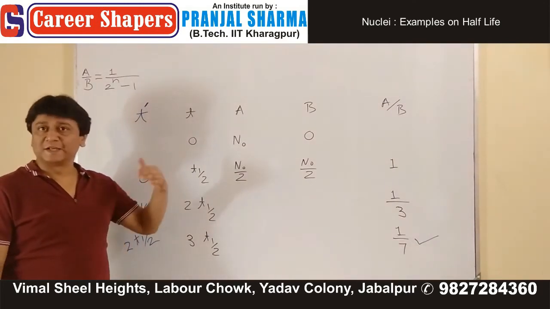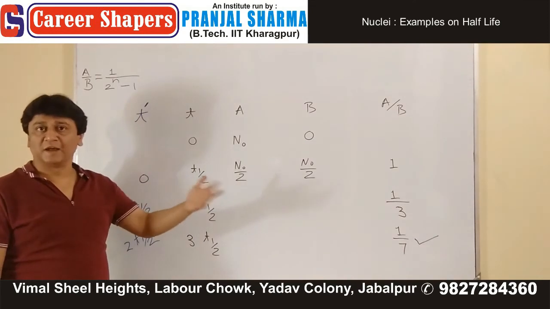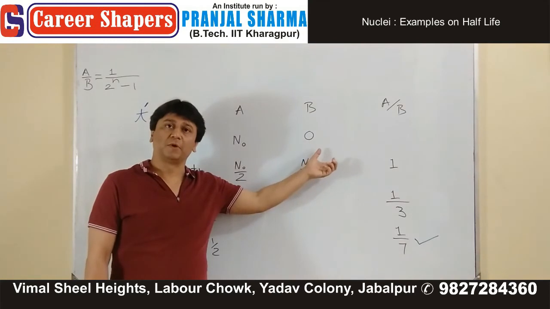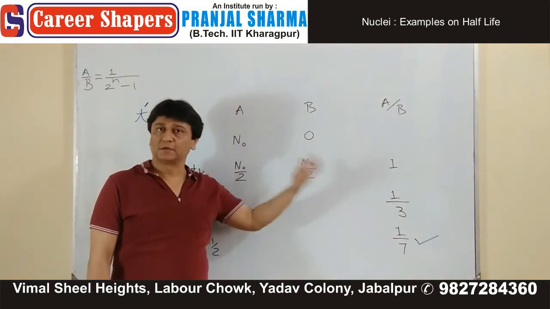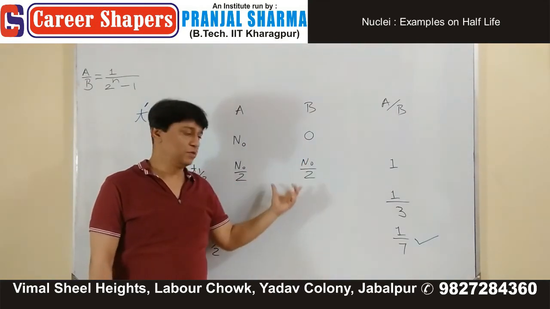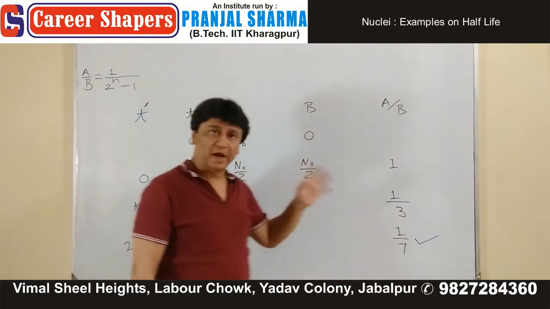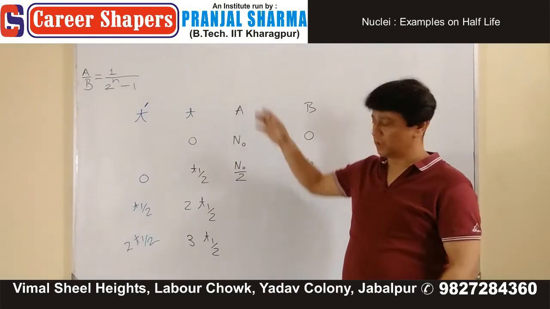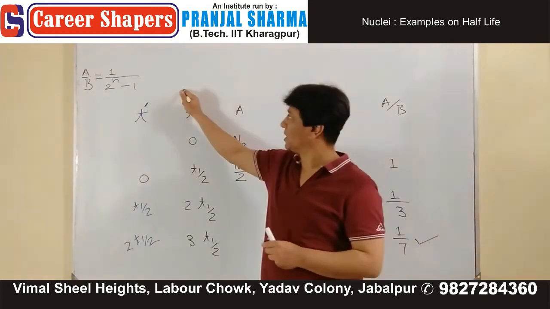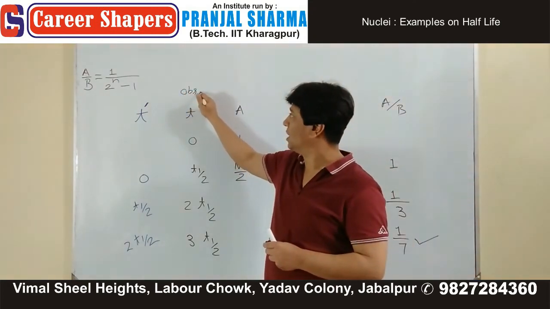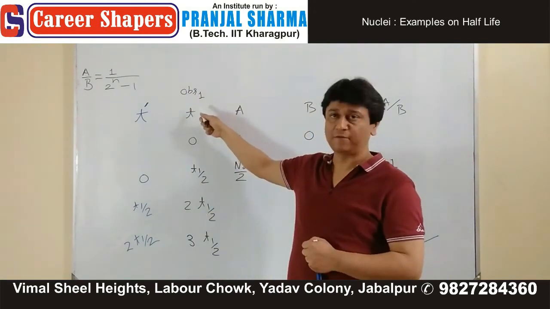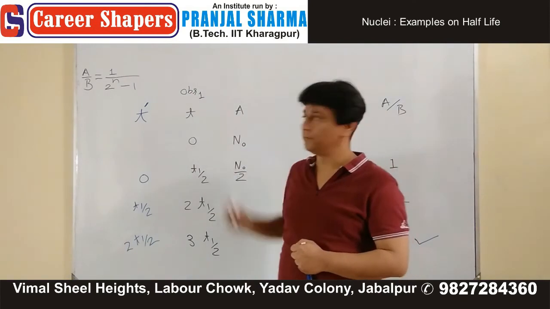So it's not necessary that only A should be present and B should not be present. You can always reset your question in this form. Let me again explain the whole thing. For observer 1, time starts in the form of T, and this is 0.